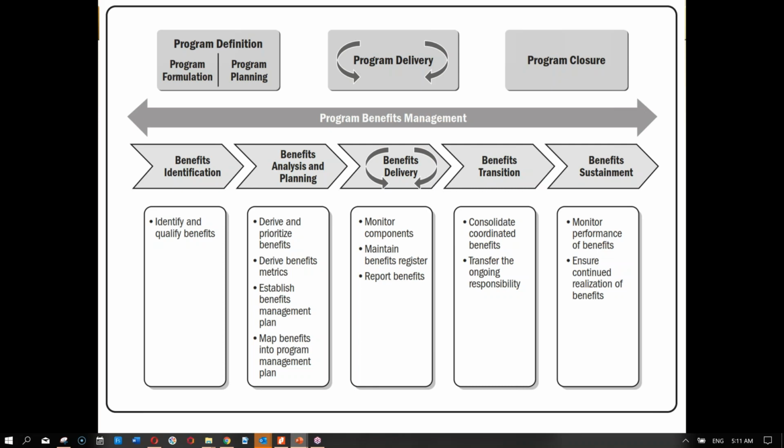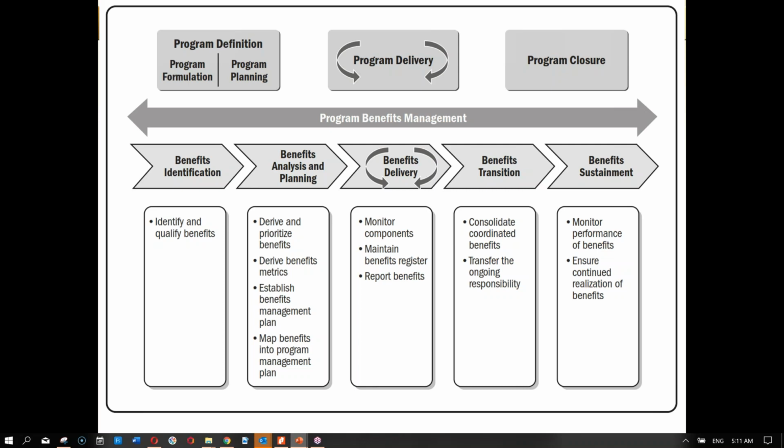Now, in benefit delivery, we are concerned with the benefit delivery by each component. So we will monitor each component. That is where I say that we have a different role than managing the projects, because project managers are there to manage the respective components, but we are looking at each project or component from the point of view of monitoring that component for benefit delivery.